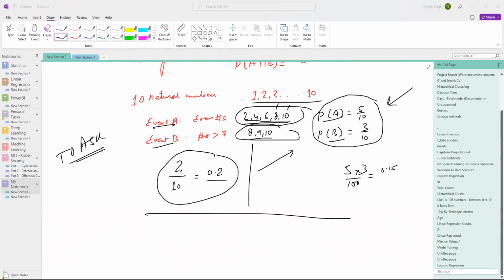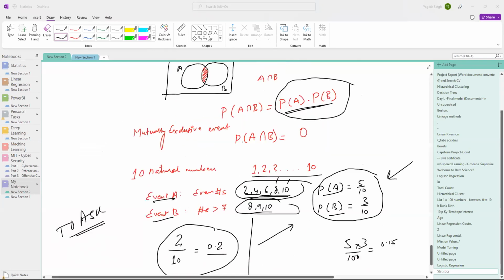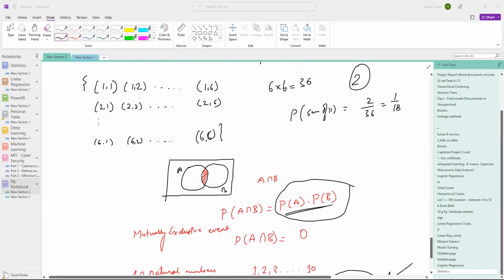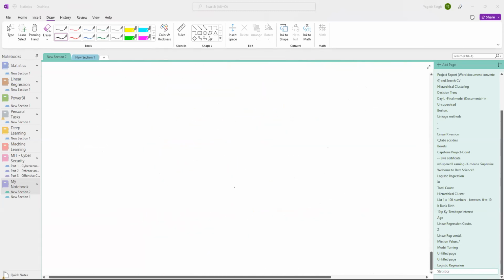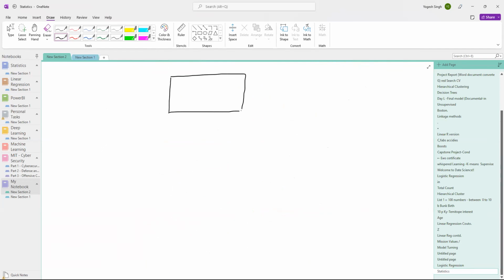Now let's go ahead. There is another thing. यहाँ पे हमने and देखा, right? Both of them occur together. Now there can be a situation where I have A and I have B, and I want this entire space.